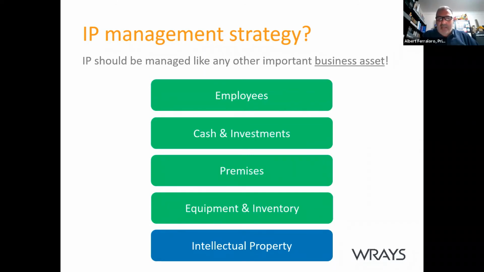And typically businesses have things in place, whether they're policies or practices or insurances that look after their employees, their investments, their buildings, their capital gear, the inventory, the stock that's on the shelves. But hopefully now recognizing that IP is a business asset as important, if not more important than some of those, what's being done to protect that IP asset is a question that I always ask organizations that I work with.